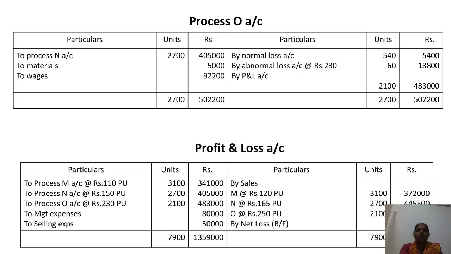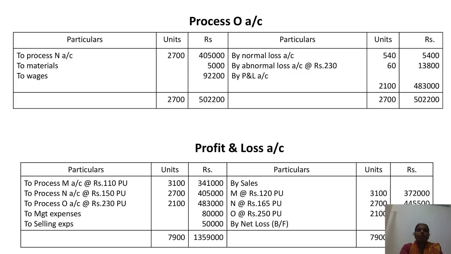Then we have to find out how many units are being taken to process profit and loss account, 2,100. Here on the debit side we have 2,700, credit side we have only 2,640. So the rest should be taken as 60 units.